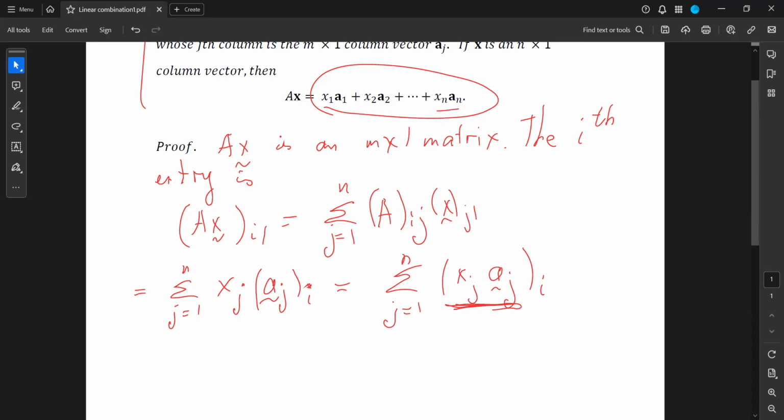And the i-th entry is precisely the definition of how we multiply a vector by a scalar, and we do it entry-wise.